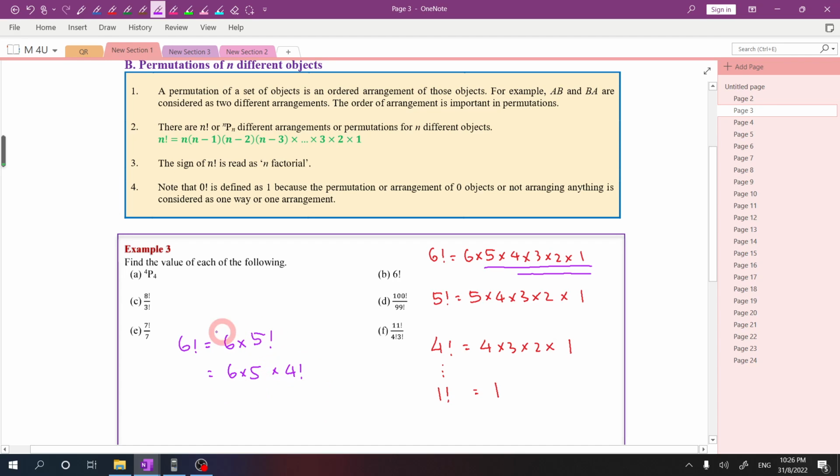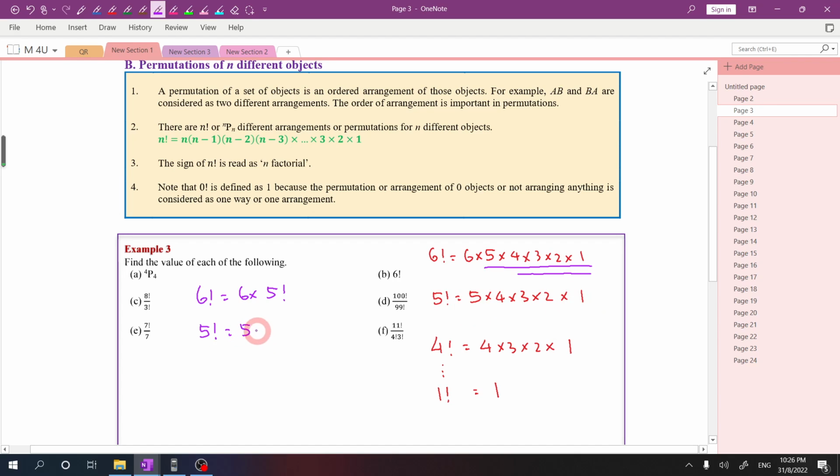Okay, now we just focus on this one first because later on I'm going to use this to show you why 0 factorial is equal to 1. 6 factorial is equal to 6 times 5 factorial. So 5 factorial is equal to 5 times 4 factorial.